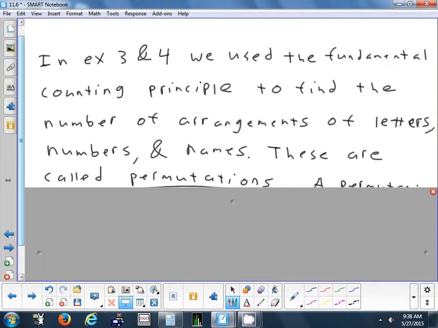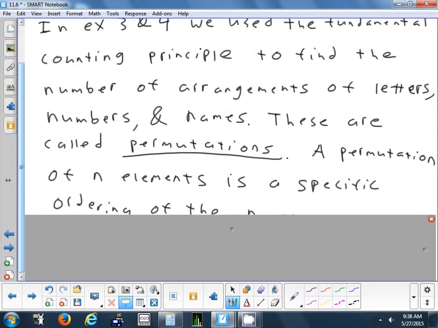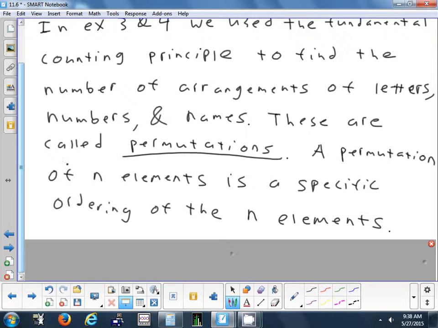Okay, so in the last 2 examples, we used the fundamental counting principle, either to find out how to arrange letters and numbers in a license plate, or names of finishers in a race. These are all called permutations. The important part is the sentence right here. It says a permutation of n elements is a specific ordering of those elements.